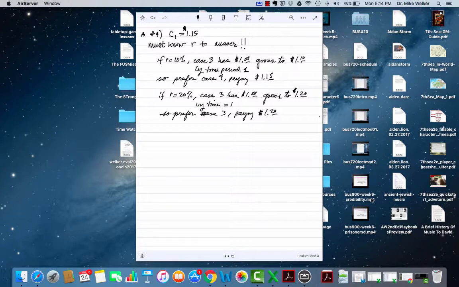So to make the comparisons of the future cash all be relevant in time period 0, we move beyond a one-period world. So let's say that we want to say this now. Let's say C0 is cash at time period 0.